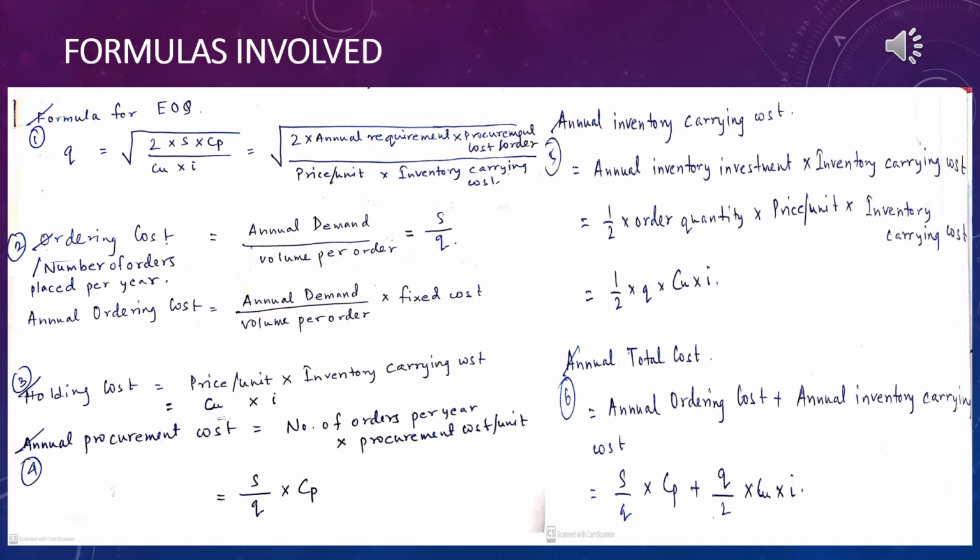If you go back to the particular formulas page, you will find that CU into I is also termed as cost of holding. So if cost of holding is given here, I don't need to mention the per unit cost here. So cost of holding is 1.20, so I have put it there. If we calculate that, we find the EOQ to be 600 units.